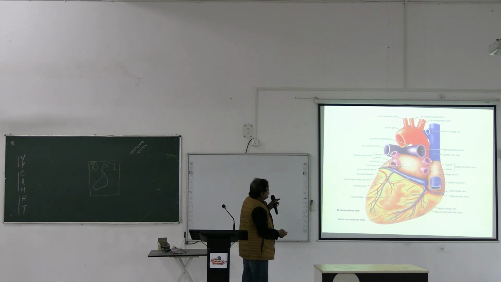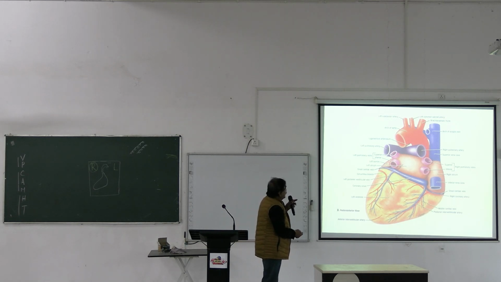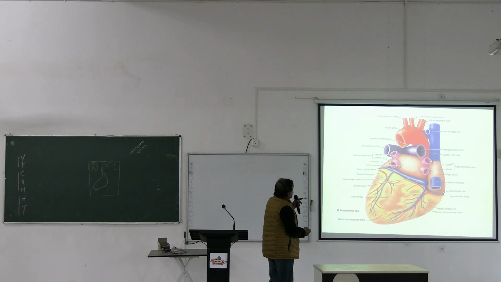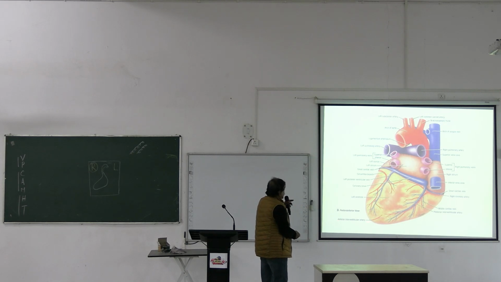Now, this is the inferior vena cava, and you see the great cardiac vein is here, and this is the coronary sinus, the left posterior ventricular vein, the right small cardiac vein, the right coronary artery is here, and this is the middle cardiac vein with the posterior interventricular artery, and there is the anterior interventricular artery.